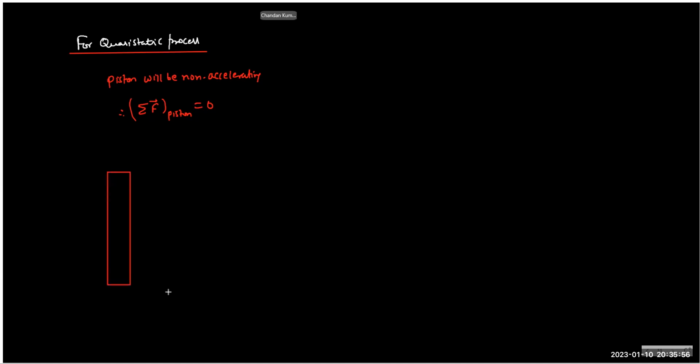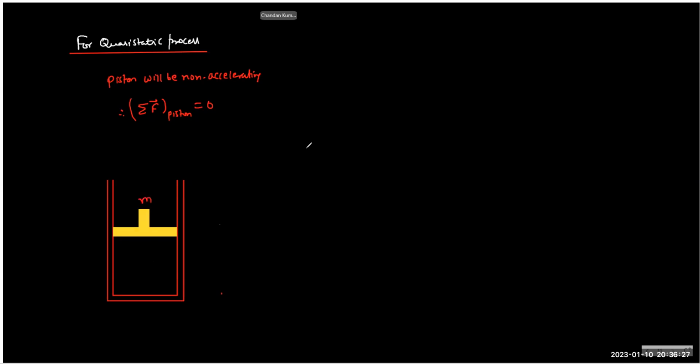So imagine I have a piston which is kept vertically. So what we have now is a vertical piston. The mass of the piston is m now, and the gas is confined here.